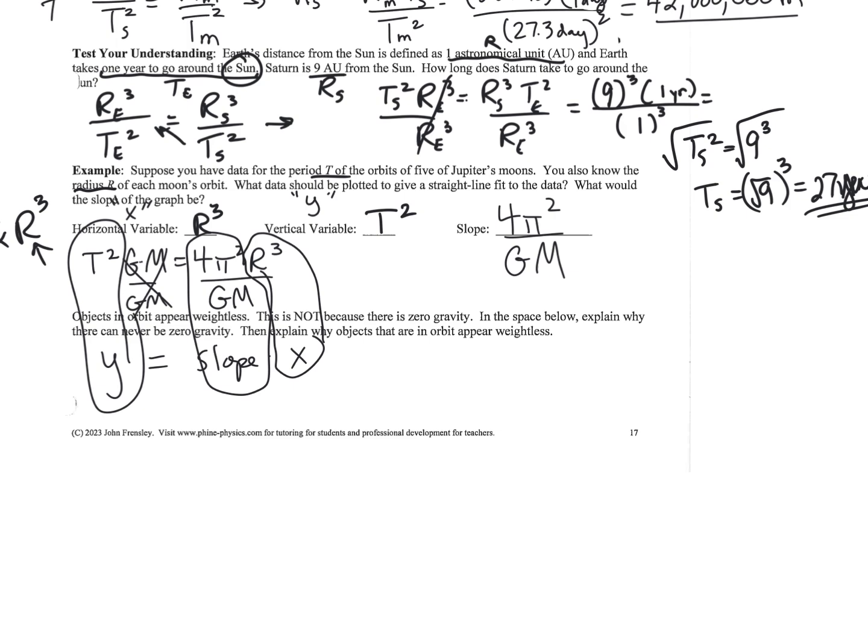Now it says objects in orbit appear weightless. That's not because there's zero gravity, because you know now there isn't zero gravity. This is that idea of falling away. The Earth is falling away from you at the same rate you're falling towards it. Everything falls together.